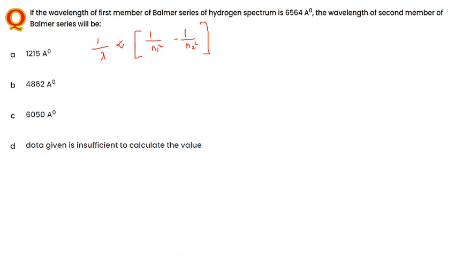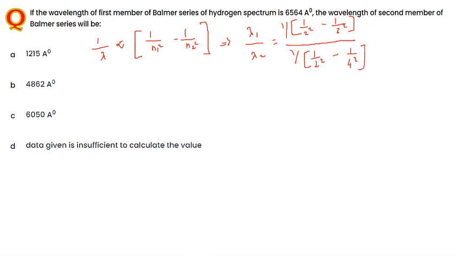So lambda 1 divided by lambda 2 will be equal to, for lambda 1, the transitions between 1 and 2 here, 1 divided by 1 to 2 square minus 1 to 1 divided by 3 square, and whole divided by, for lambda 2, the second member, 1 divided by 2 square and 1 divided by 4 square.